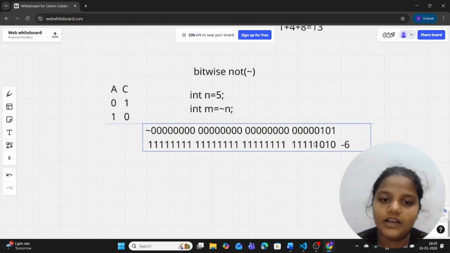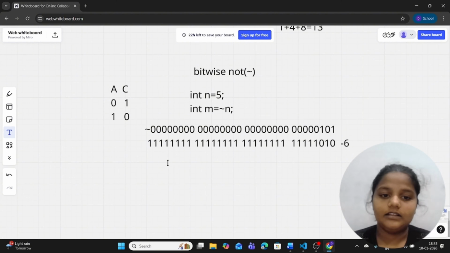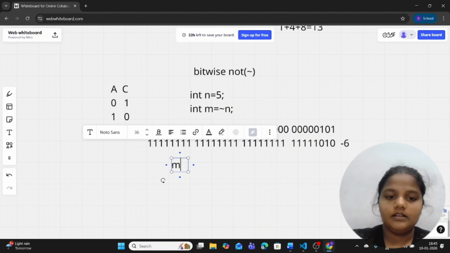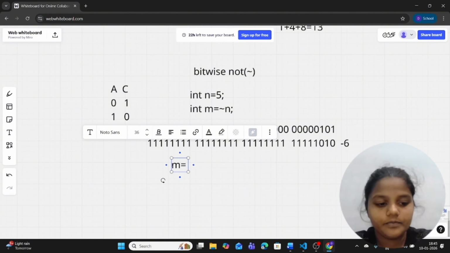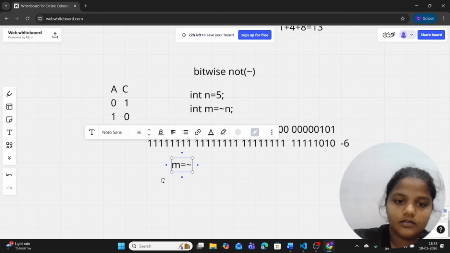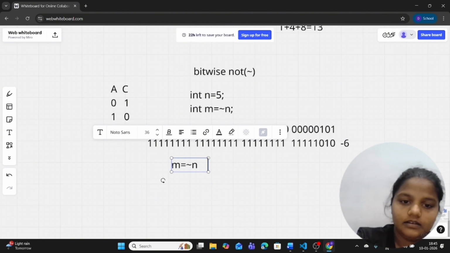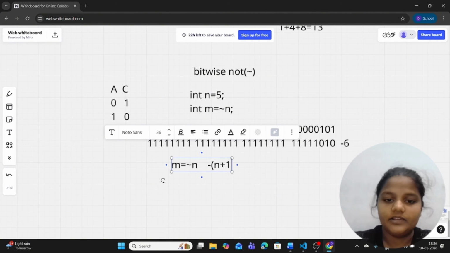How does that work? We have one formula to calculate this bitwise NOT operator. That is, m equal to NOT of n, it will give minus of n plus 1.